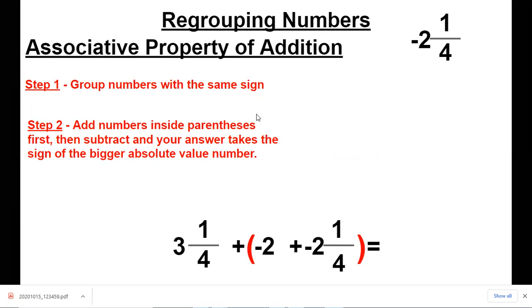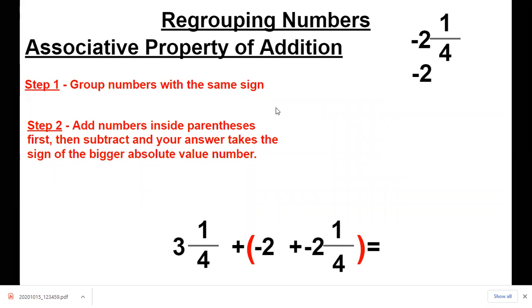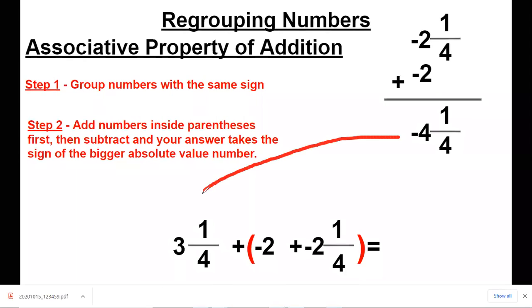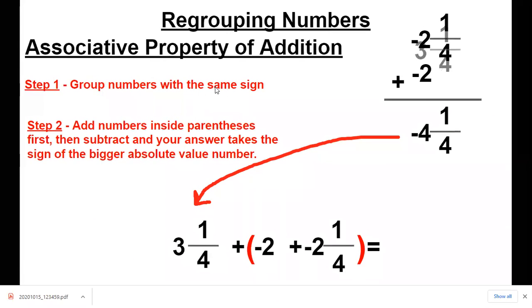Notice how I put the -2 1/4 at the top, right? And then I have -2, and I'm going to line that up with my whole number, and then I'm going to add them together. That's going to give me 1/4 plus nothing is 1/4, and -2 plus -2 will give me -4 and 1/4. Now I have to subtract that from 3 and 1/4 because that's a positive number. So let's put that underneath.